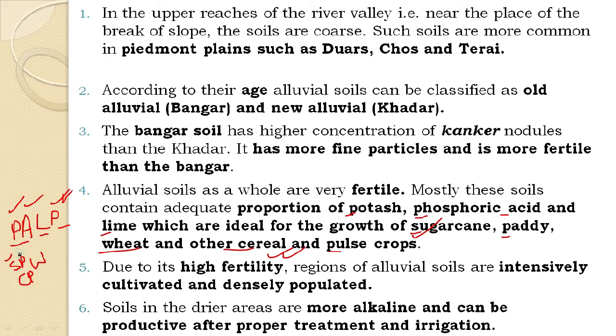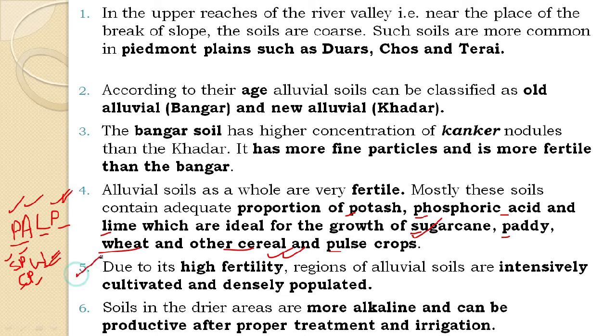Okay? Sugarcane, paddy, cereal, pulse crops and wheat. So PALP, SP, CP, selling price, cost price, and W. Clear? So this is a trick which you can incorporate in order to memorize these concepts.